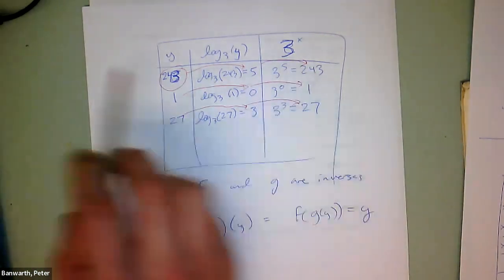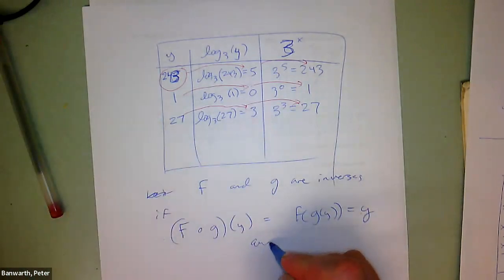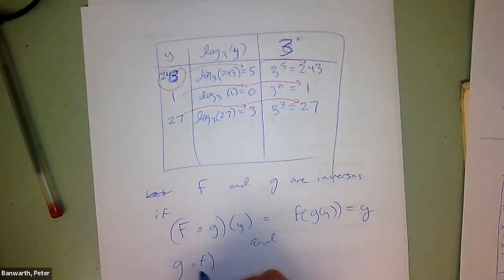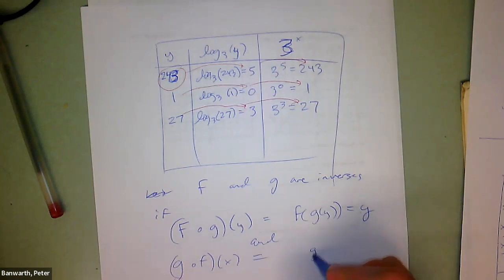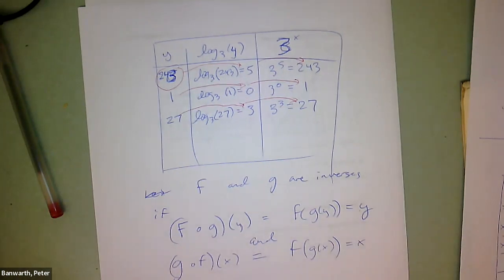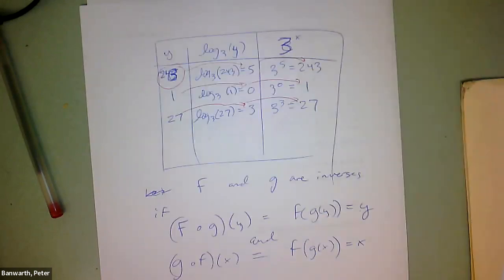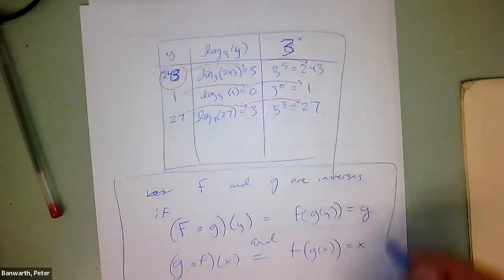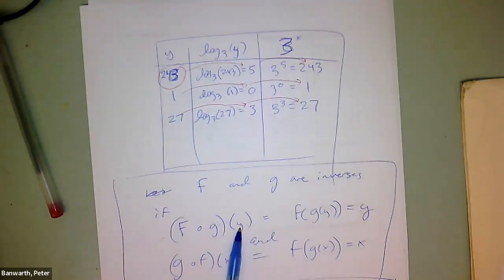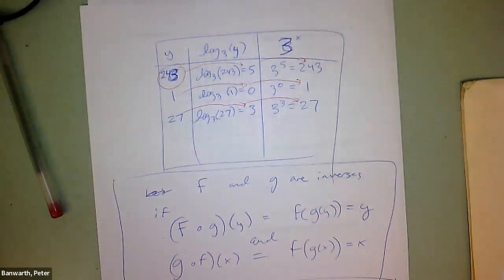And g composed with f of x, which is g of x inside of f, is x. You start with x, you end with x. So this is the definition that's in your notebook, except the definition in your notebook uses x's here instead of y's, but I prefer to use a different domain to help me keep track.